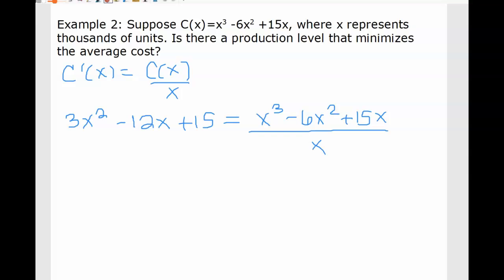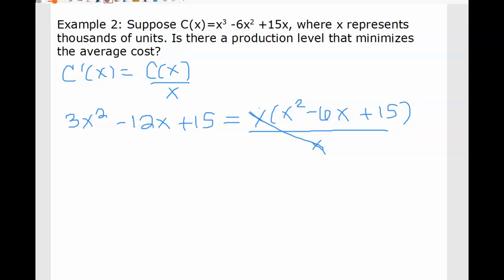Now, because this is x cubed, this is x squared, and this is x, you could technically take out a GCF of an x from cost, making this x squared minus 6x plus 15, which would allow you to cancel the x from the denominator. Even if you don't rewrite it like that, but you just cancel an x from each, that's fine as well. But it's important to remember that you can do that.